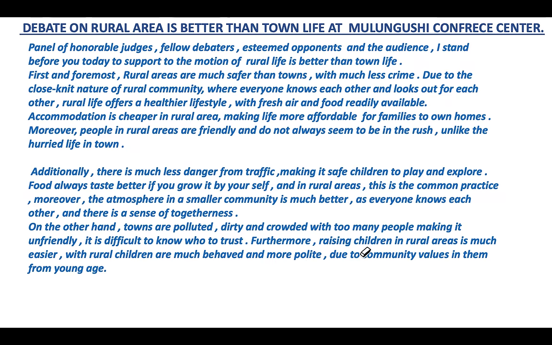Furthermore, raising children in rural areas is much easier, with rural children being well behaved and more polite due to community values instilled in them from a young age. This point is also coming from what we are given. Whenever you are given some points, it's easier to write. We are guided. It's a guided composition, so we shouldn't be out of the framework.